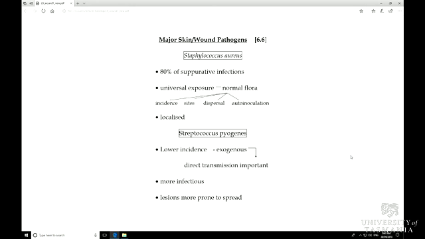In general, you see group A strep more commonly in warm climates than you do in colder climates. So, for example, in Tasmania, it's like this: wound swab, Staph aureus, wound swab, Staph aureus, wound swab, Staph aureus, keep going.